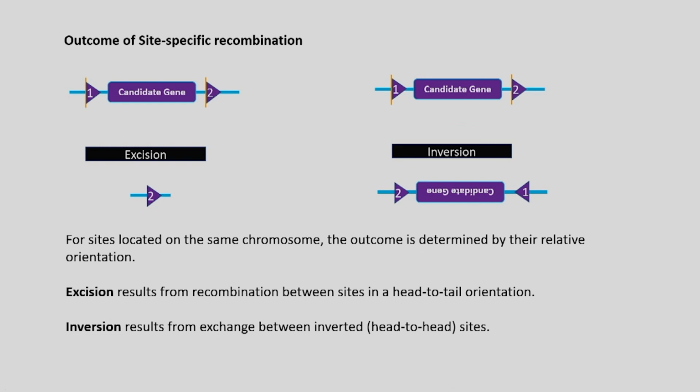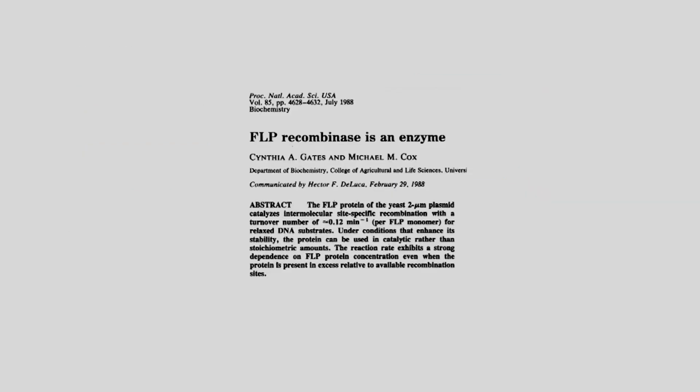For sites located on the same chromosome, the outcome is determined by the relative orientation. Excision results from recombination between sites in a head to tail orientation, while inversion results from exchange between inverted head to head sites.